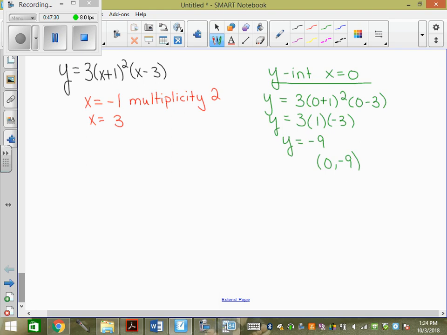Now, why am I leading into this? Well, let's plot what we know. We know we have an x-intercept at -1. We know we have a 2 there. It's either going to bounce up or bounce down at -1. We agree? And we have an x-intercept at 3, and we have a y-intercept at -9.